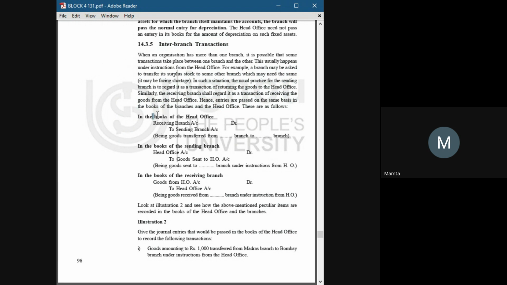In the books of head office, meaning in the accounts of head office, we will be passing the entry like receiving branch account debit, meaning branch B account debit to branch A, receiving branch account debit to sending branch account.